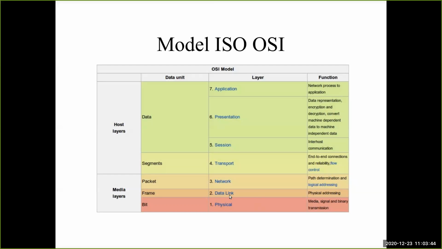So we have physical layer, data link layer, network layer, transport layer, and so on. And for every layer, different aspects are considered. So for example, for physical layer, the most important aspect is the way how a particular bit is coded.